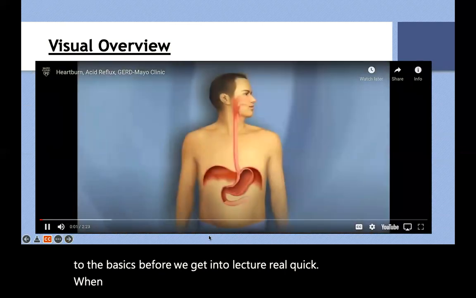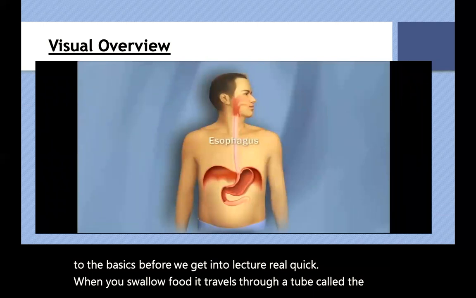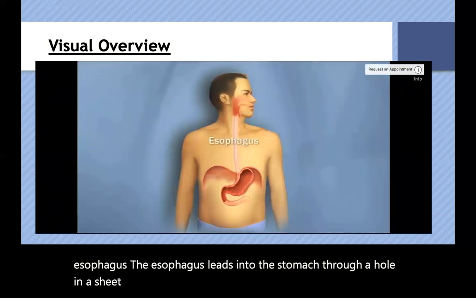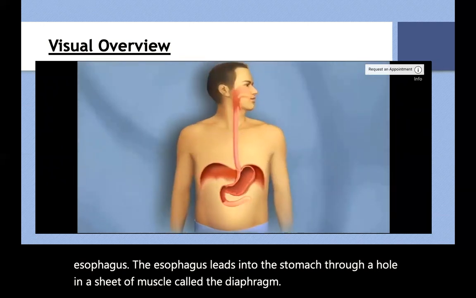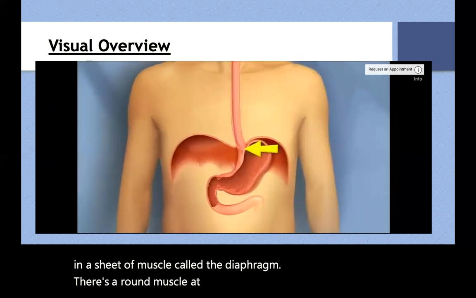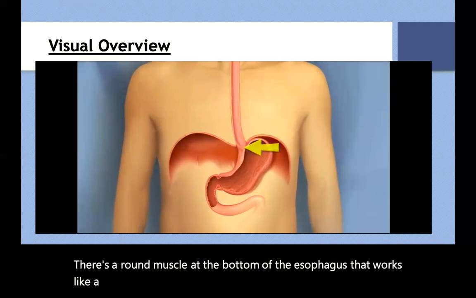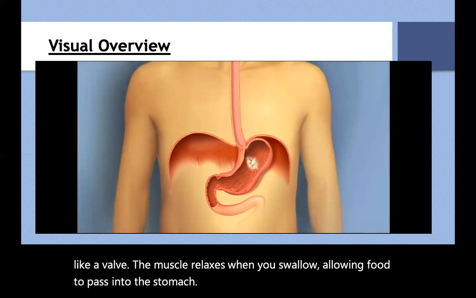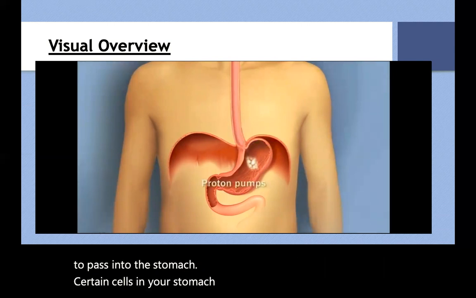When you swallow food, it travels through a tube called the esophagus. The esophagus leads into the stomach through a hole in a sheet of muscle called the diaphragm. There's a round muscle at the bottom of the esophagus that works like a valve. The muscle relaxes when you swallow, allowing food to pass into the stomach. Certain cells in your stomach, called proton pumps, release acid to help digest the food.